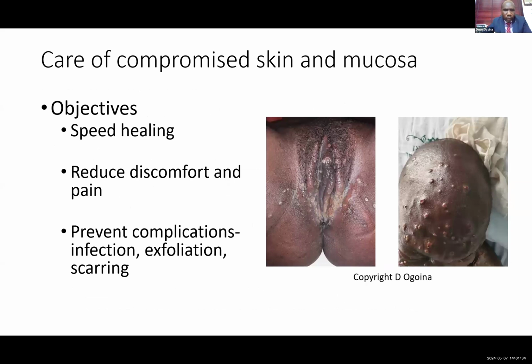What is important about management of mpox is to ensure that you speed up healing because it can be very discomforting and disfiguring. It's also a source of some of these psychological challenges that patients face. So you want to reduce discomfort and pain, and you want to prevent complications because skin lesions can become infected, there can be exfoliation, and there can be scarring if not treated early enough and if we don't prevent infection.